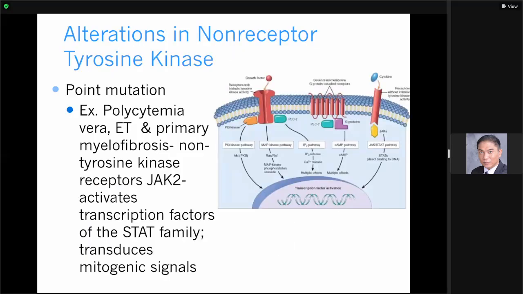So, other alteration in non-receptor tyrosine kinase. So, kanina translocation, but ito naman ngayon point mutation in individuals with polycythemia vera, primary polycythemia vera, essential thrombocytosis, and primary myelofibrosis. So, kung titingnan ninyo, sa final grading period, sa WBC na topic, you will realize na isa lang pala yung pathology dito in CML, polycythemia vera, essential thrombocytosis, and primary myelofibrosis.